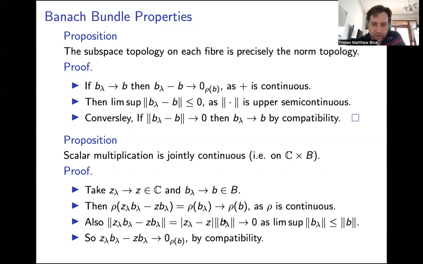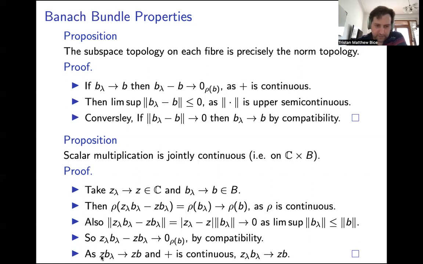Okay, and then you go back and use our compatibility again. We know the norms go to 0. We know the projections onto the base approach some fixed element of the base, rho B. Therefore, the elements themselves have to approach the 0 in that particular fiber. This is exactly what compatibility says. And now we use the fact that, at least for some fixed Z, the map is continuous, and so in particular ZB lambda does indeed approach ZB.